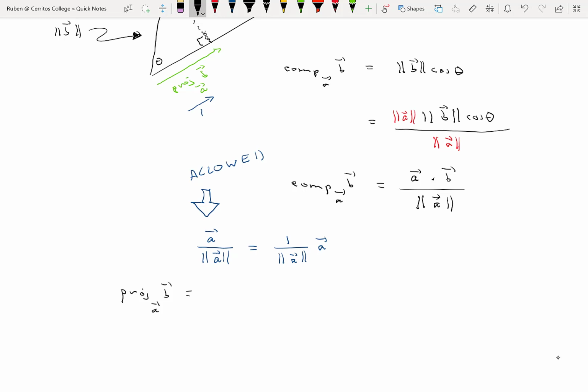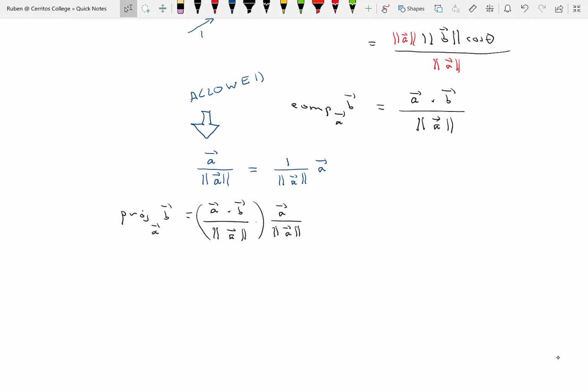It should just be the component of B in the direction of A. That's a scalar, times the unit vector, times A over the length of A.